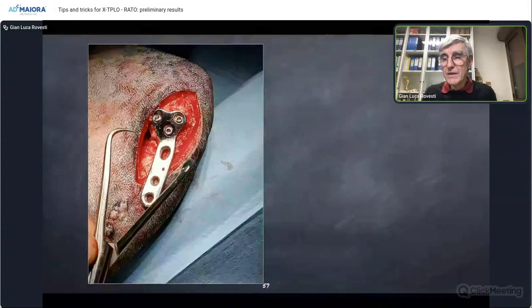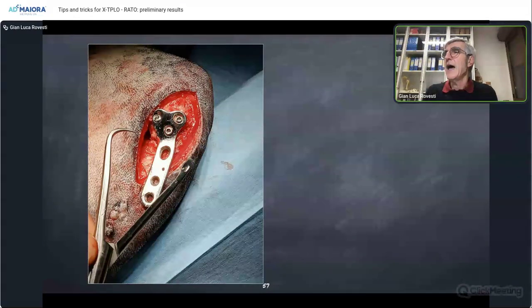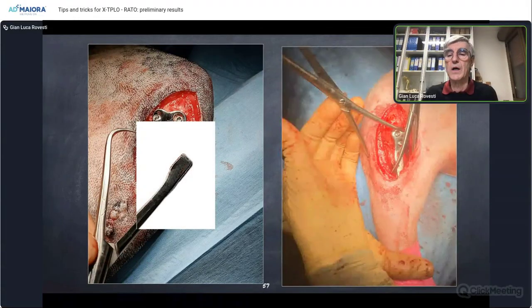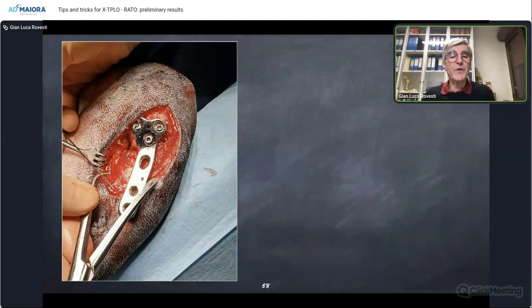Of course, we need a reference for that. And our reference, this is the tip of the reduction forceps. We can use right or left. But our reference is, again, inserting the K-wire that was used previously into the guide as a mark, as a reference, an anatomical stop.